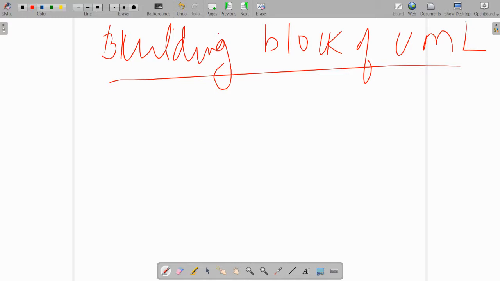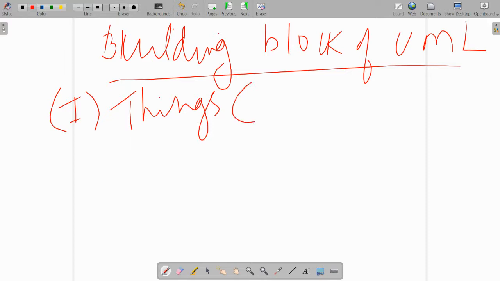To develop the model by using UML, we have three important building blocks. The first one is things. You can write down in the bracket: modeling elements.